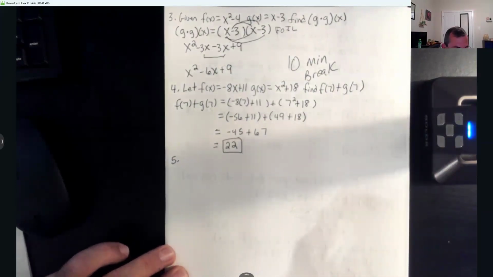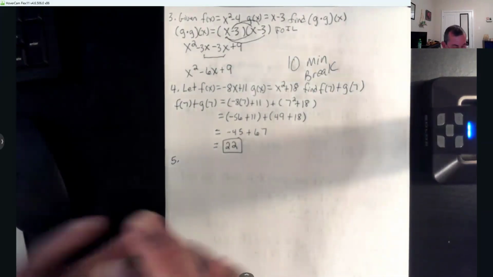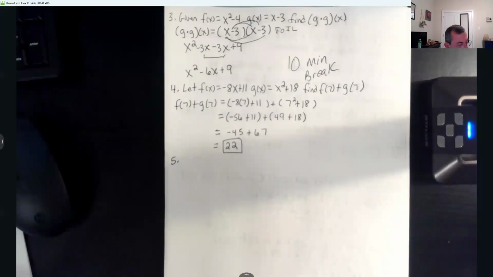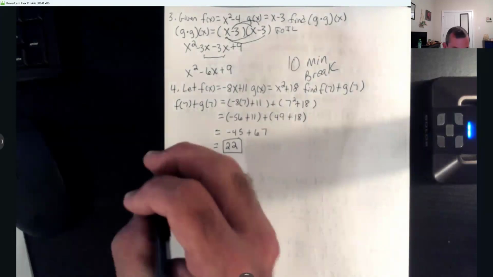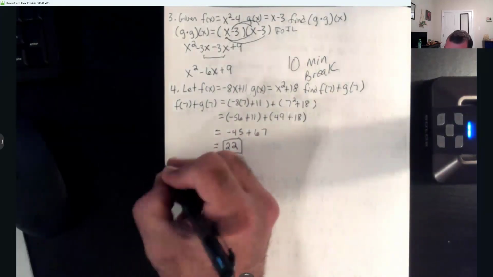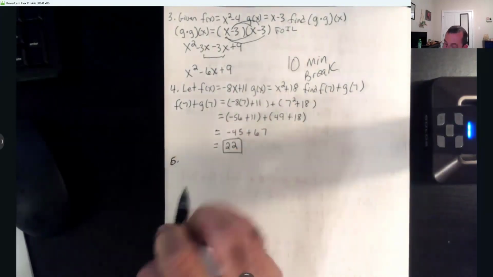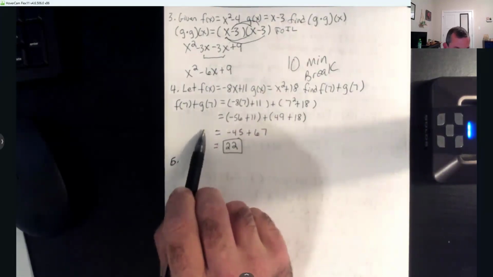Y'all, so the next one's doing the same thing here. I'm gonna skip down and I'm gonna go to number 6, I think, because 5's pretty much doing the same thing as this one.